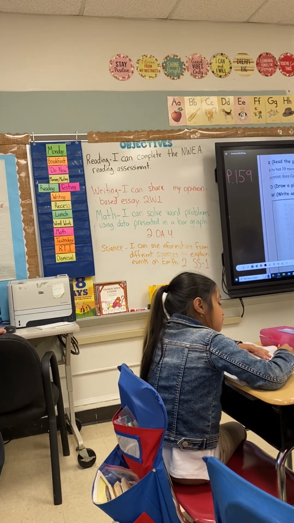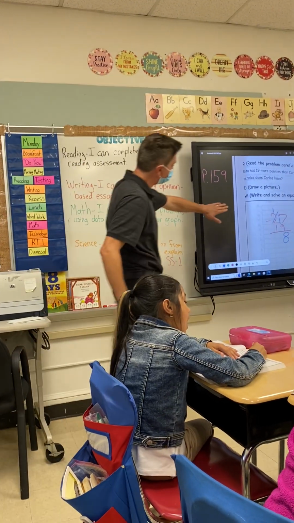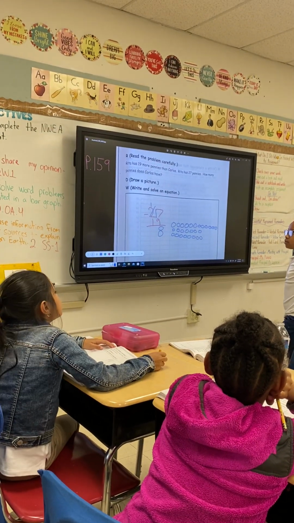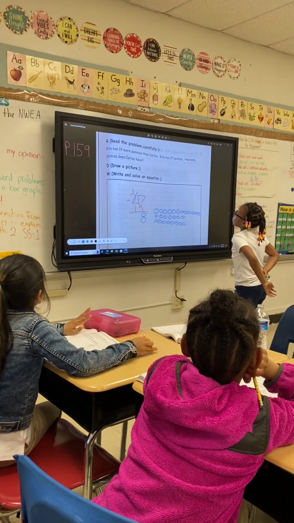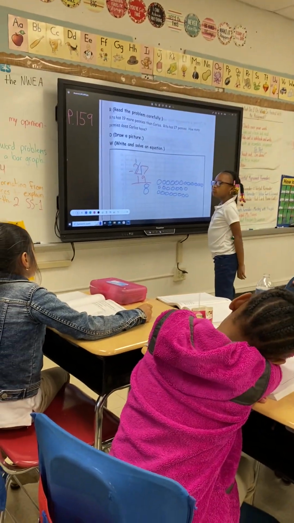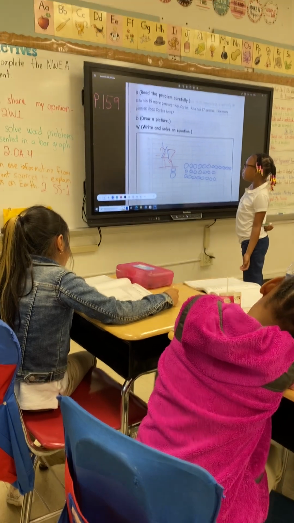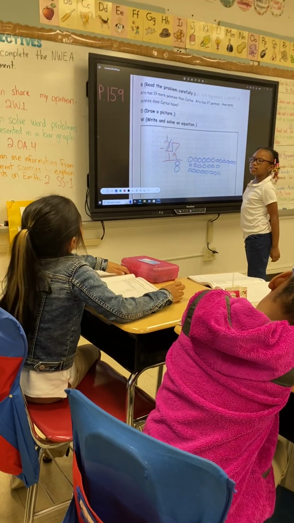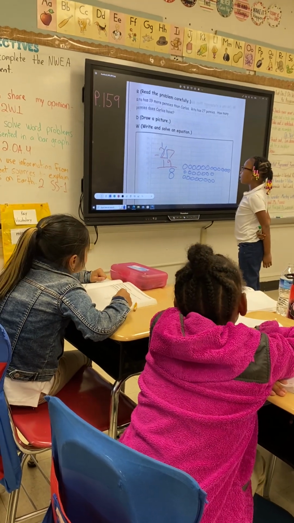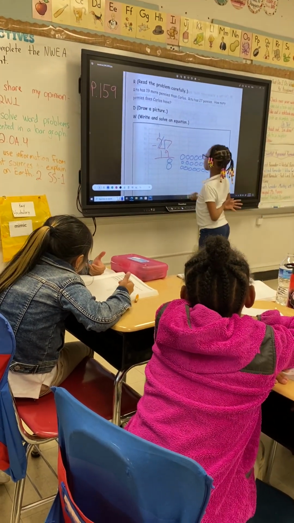So Maya has started off by drawing 27 circles. And Maya, what are you going to do with those circles? I'm going to take away... How are you going to show taking away 19? By crossing it out. Right, so we're going to cross out 19 of the circles.